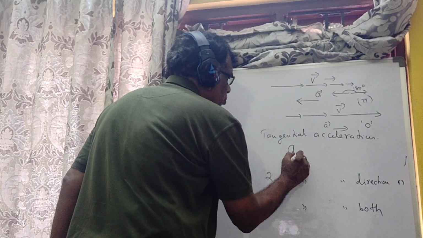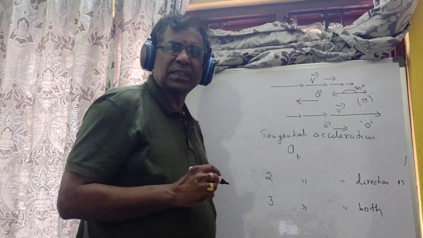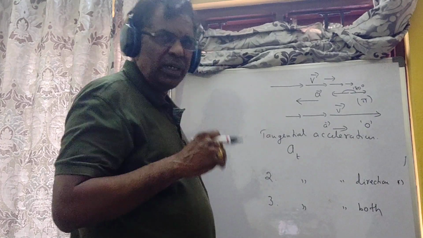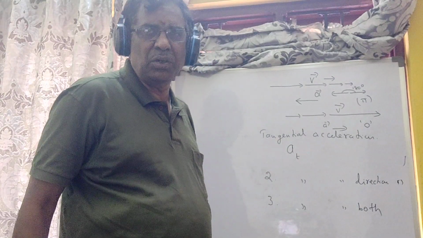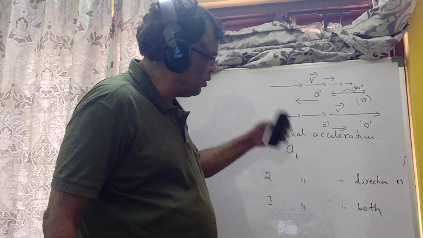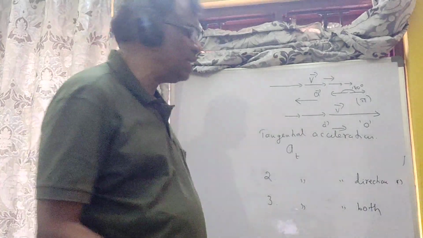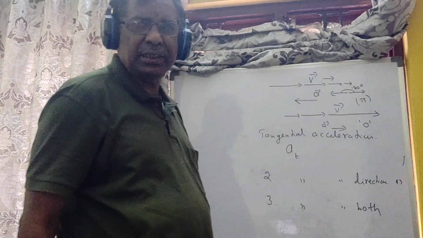Although we are supposed to put a subscript T here, we avoid it because we know that it is 1D motion, and we automatically understand that it is bound to be tangential.